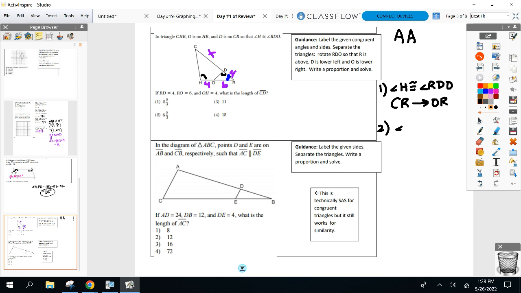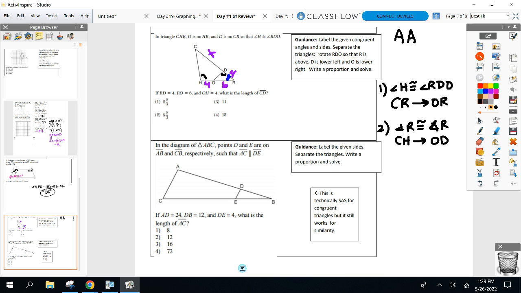Angle R congruent to angle R. In the big triangle, name the side across from angle R. CH. So CH corresponds with the side across from angle R in the small triangle, OD. Everyone with me here?